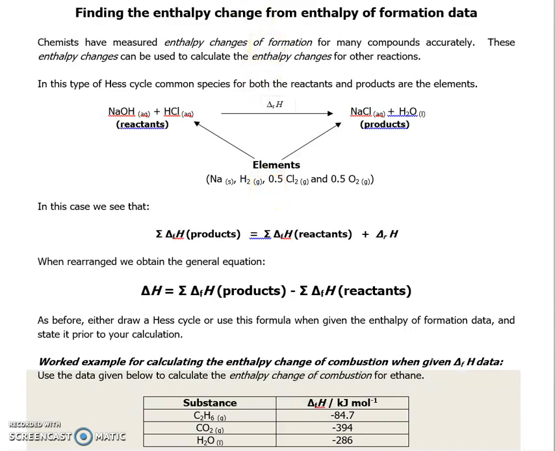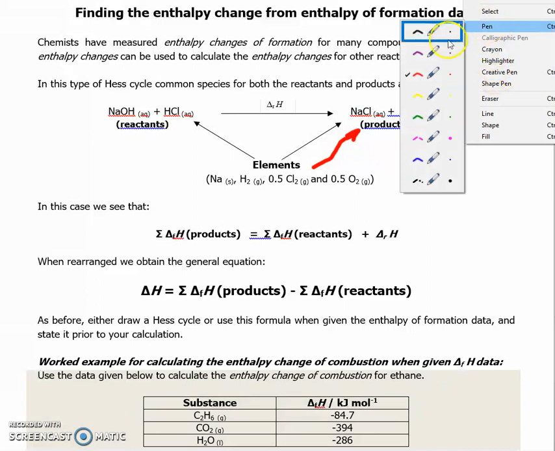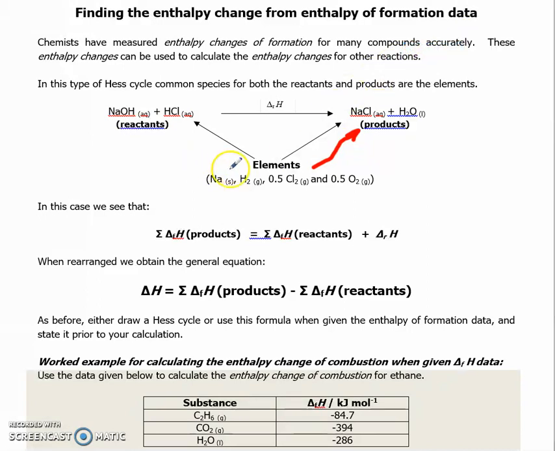In this case, we're trying to compare this arrow here going from the elements to the products, and this purple line here. We're starting from the elements, going all the way to the reactants, and then following this neutralization reaction.